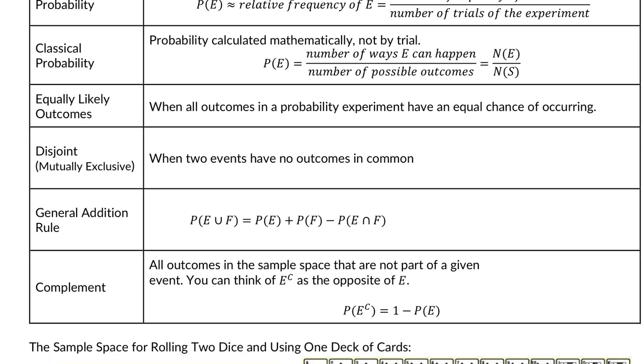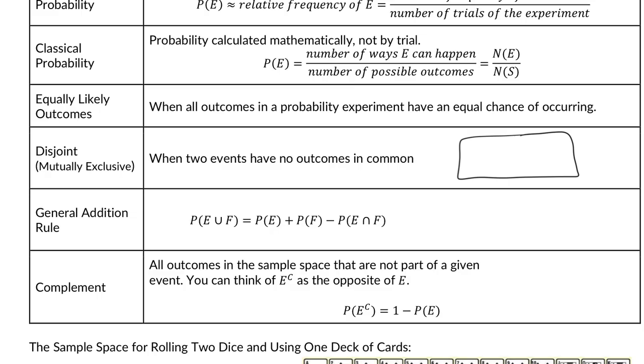The last 3 things we're going to annotate on here. Again, we're talking about disjoint or mutually exclusive events. We're talking about 2 events that have no outcomes in common. So let's draw a Venn diagram that shows disjoint events. If we have a Venn diagram, remember the rectangle that contains the Venn diagram is actually important.